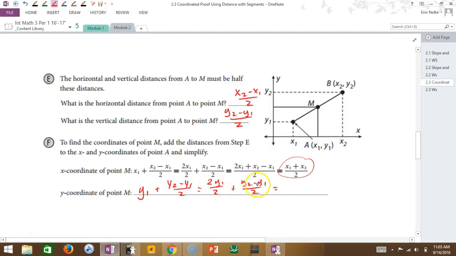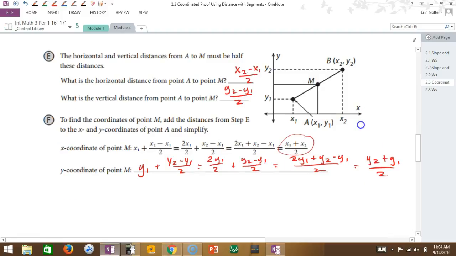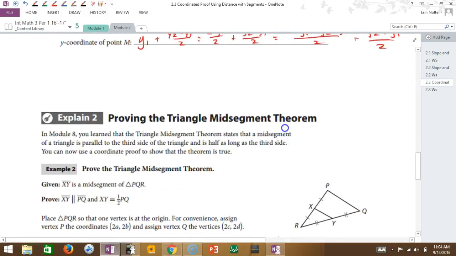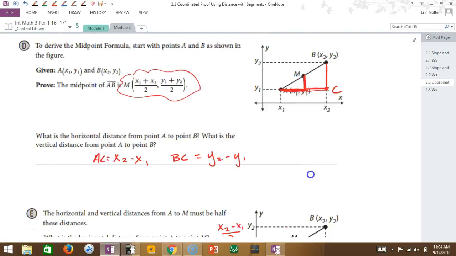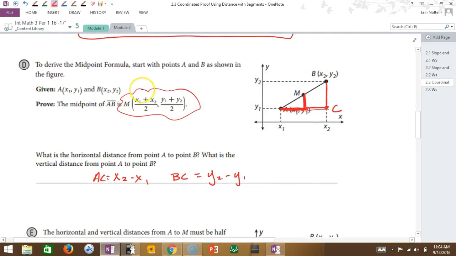So 2y sub 1, they do this in 1 or 2 steps, plus y sub 2 minus a y sub 1 all over 2, and then you combine your like terms, so you get y sub 2 plus y sub 1 over 2. Boom. So simple, right? Okay. So there's the proof behind it. So nothing else, make sure you write down the equation for midpoint.